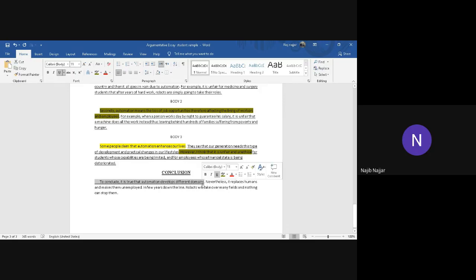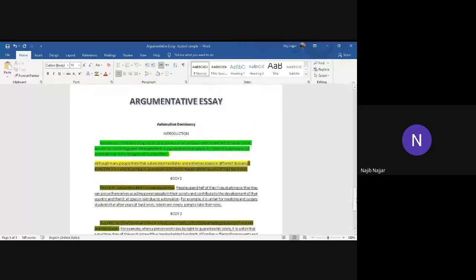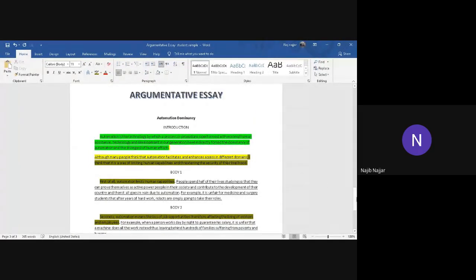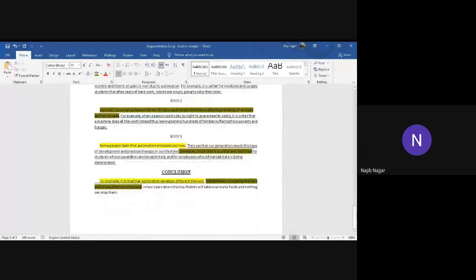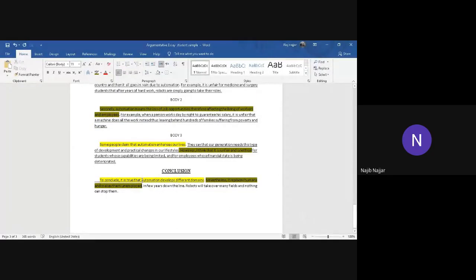That's the counter argument. We're going to highlight it yellow. Then comes my argument. Check it out. It's yellow, olive green, just like the thesis. So what I'm doing over here is restating the thesis statement.